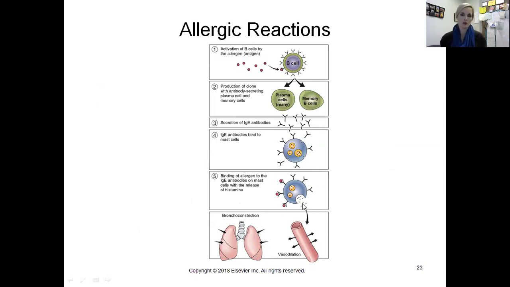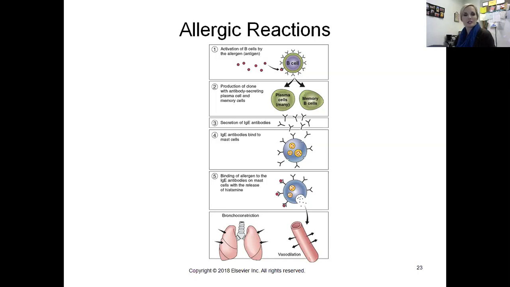And histamine in our body, if you remember, is involved in this process to try and stop that allergen. But it is more of a hypersensitive reaction, and because we release so much of it, sometimes that can cause bronchial constriction, so constricting of our airways, as well as a large quantity of vasodilation, meaning that more blood is rushing through our body, can cause a lot of issues.